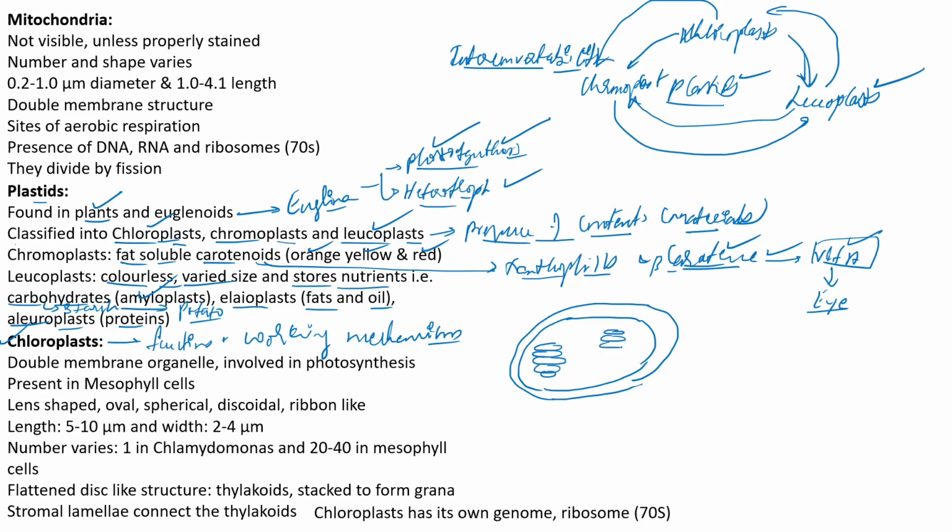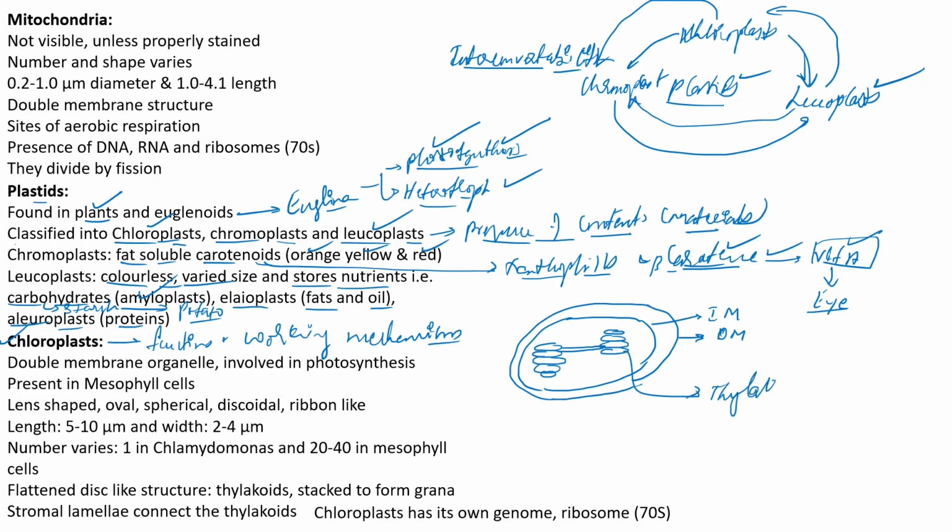These overlapping structures sometimes have interconnecting structures also. So this is how we can draw the chloroplast in the simplest way. As I said, it is made up of two membranes, so we have to label the outer membrane and the inner membrane. And these stacks of flattened discs are basically thylakoids.